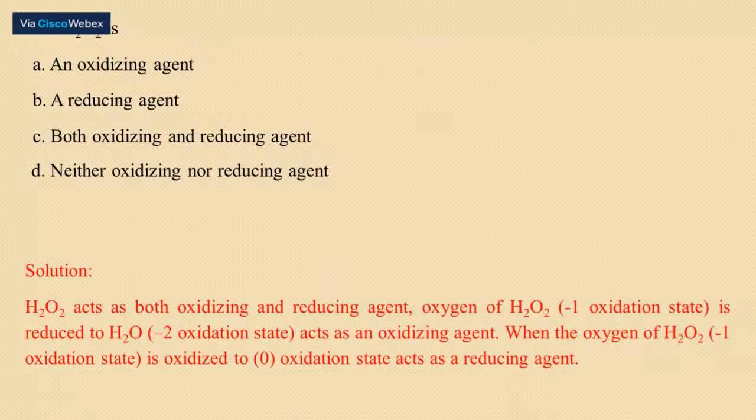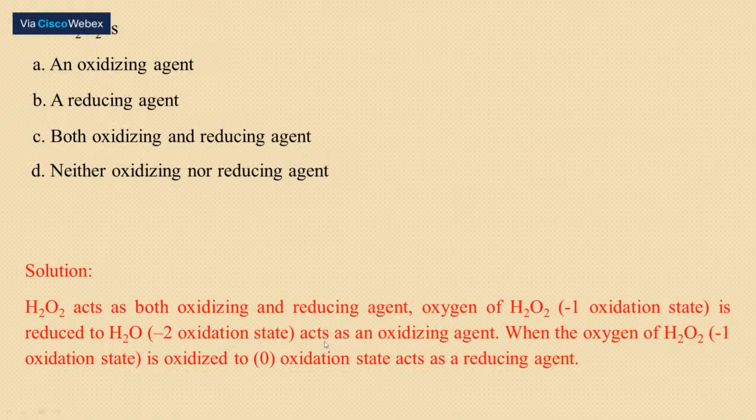Remember students, while giving the definitions for reduction and oxidation, I mentioned that a decrease in oxidation state is a reduction process, where our oxygen with -1 oxidation state is reduced to -2 oxidation state. That means it is helping the reduction, so you can say that it is acting as a reducing agent.